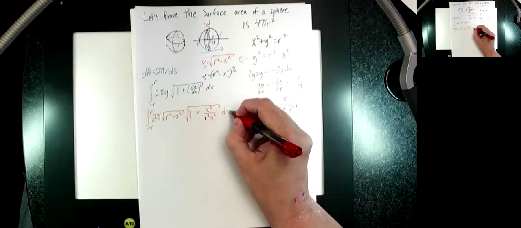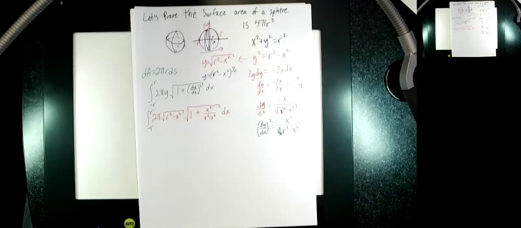Then we got a dx. Looks crazy, but if we put the two radicals together and multiply, it actually cleans up pretty nice.